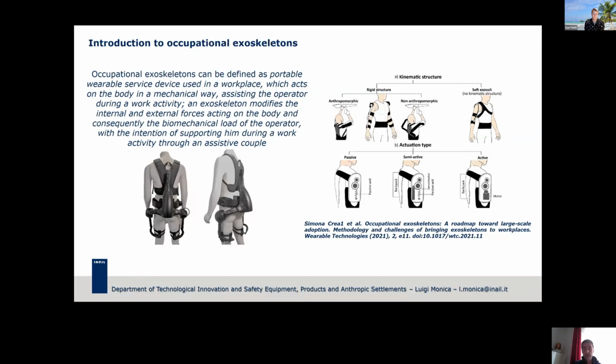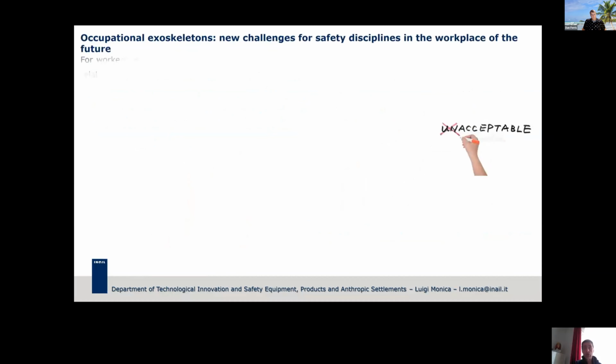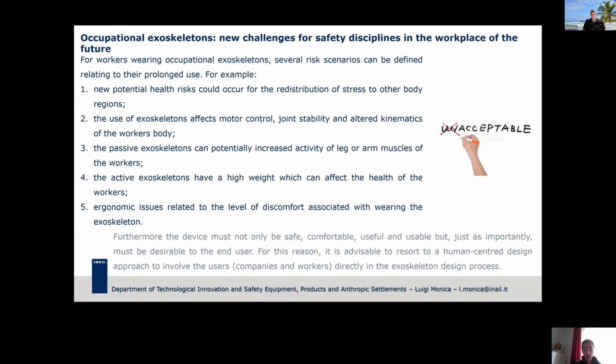Another classification is related to the type of actuation, so we have passive, semi-active and active exoskeletons. The use of exoskeletons is not easy to implement in a workplace. For workers wearing occupational exoskeletons, in fact, several risk scenarios can be defined relating to their prolonged use.